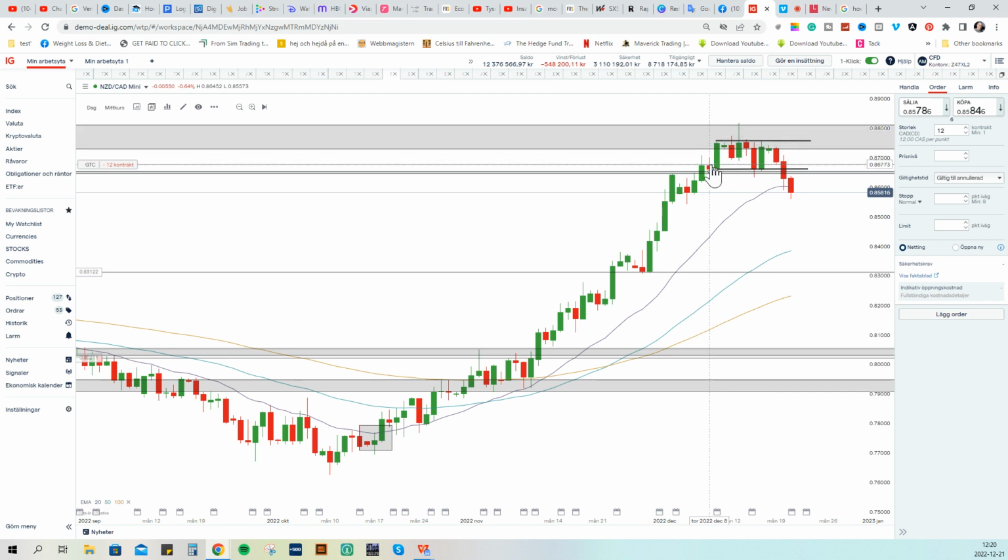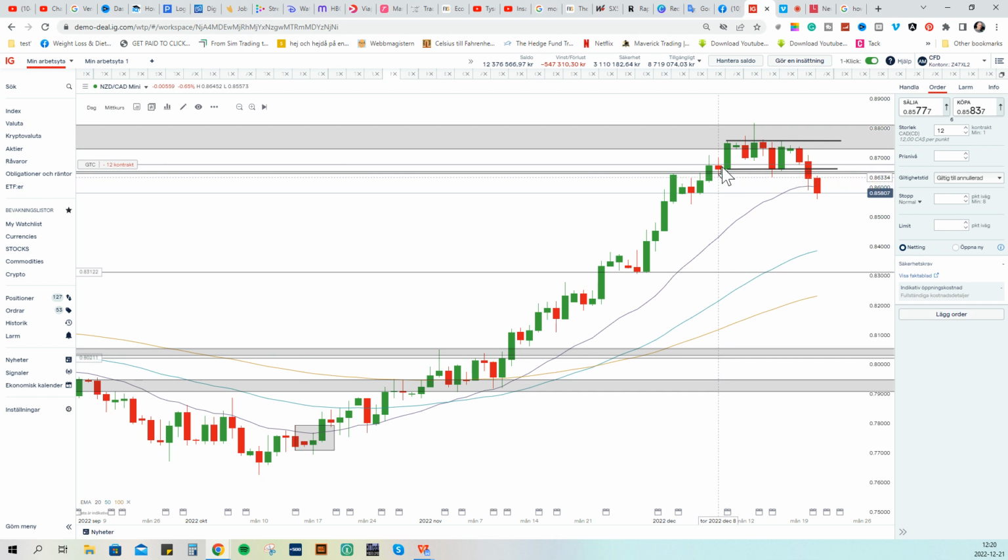This is an inside bar pattern strategy. Here is the inside bar, a small doji indecision bar. And on the third day, the price went up a little bit, perhaps a stop loss hunt, and then it closed in the red territory.